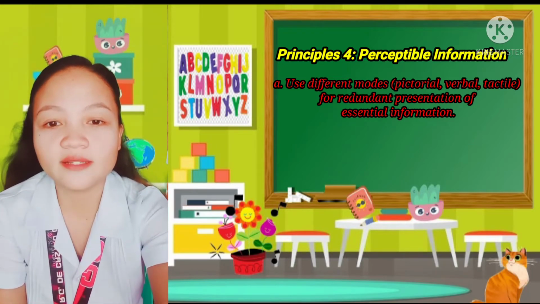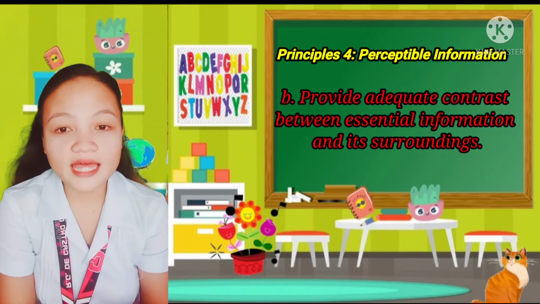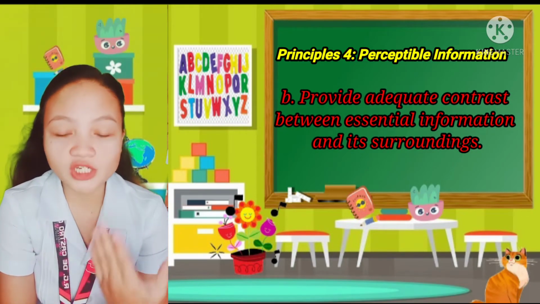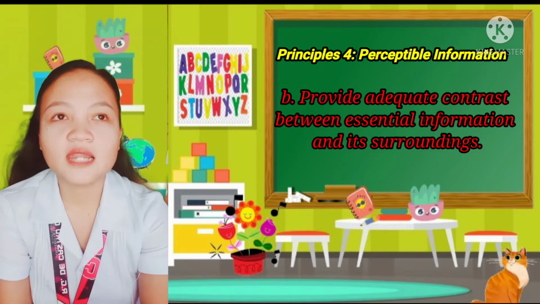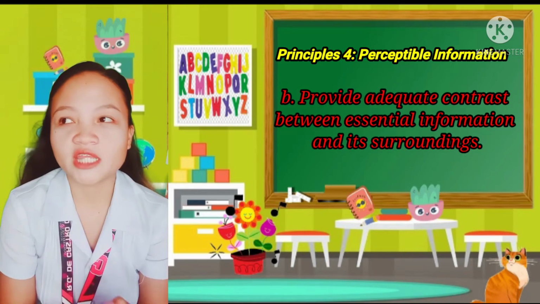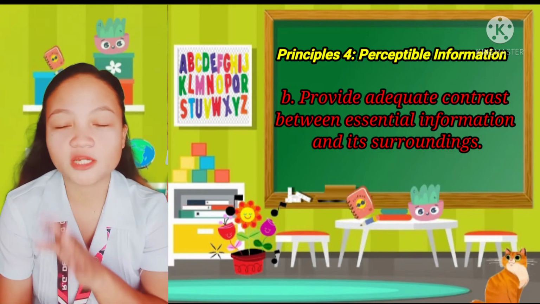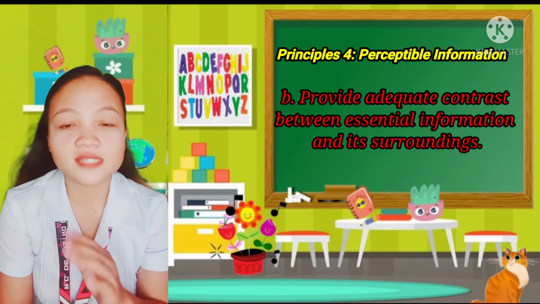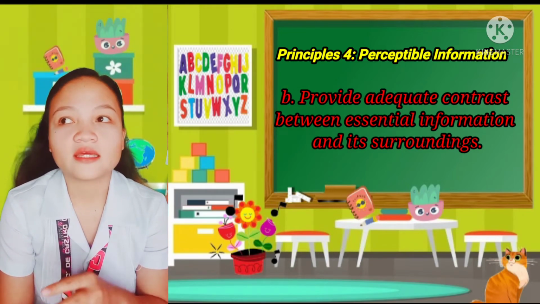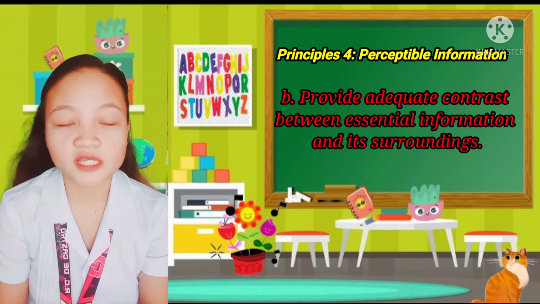So, the next one is provide adequate contrast between essential information and its surroundings. Halimbawa lang naman nito yung sa presentation, di ba may box doon? Pag gagawa ka ng presentation, syempre lalagyan mo ng mga words, sentences na informative. Gagamitin mo for your presentation.